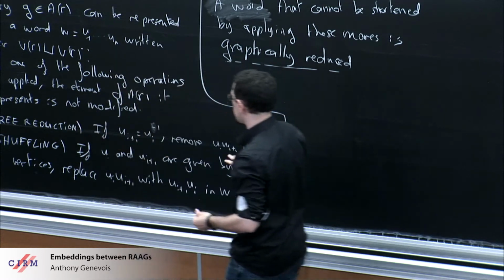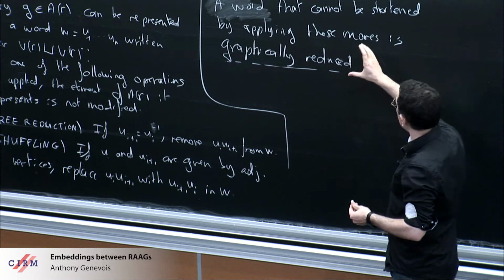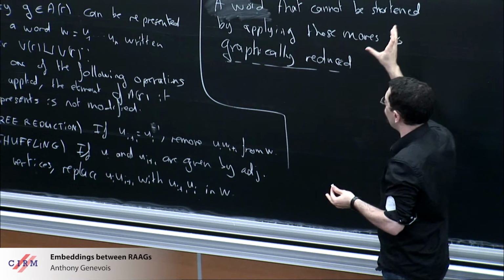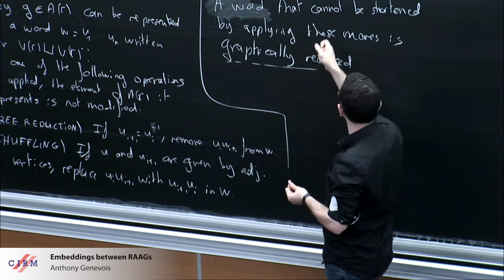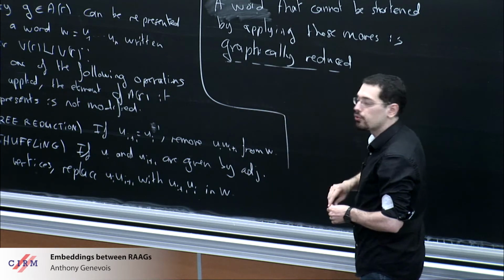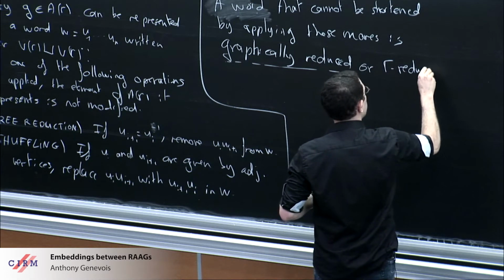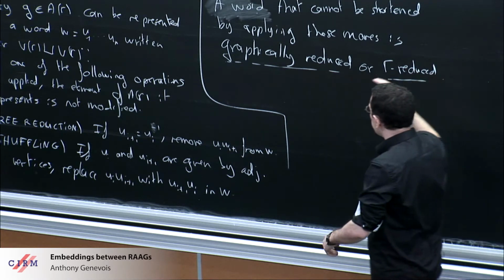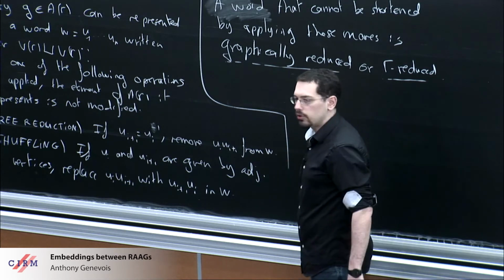The idea is that using these operations, I will try to find the shortest possible element, the shortest possible word. And so if I cannot shorten a word by using these operations, I say that it is graphically reduced or gamma reduced. So basically the idea is that if it is graphically reduced, then in some sense it is the simplest possible.